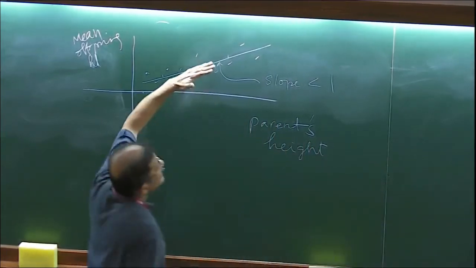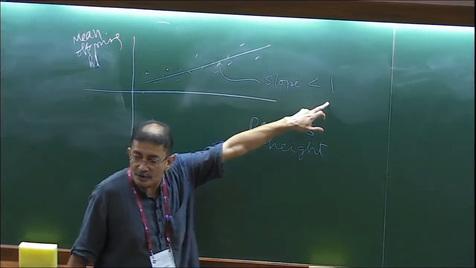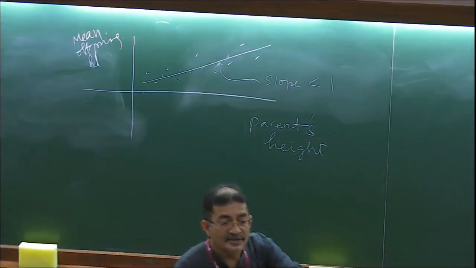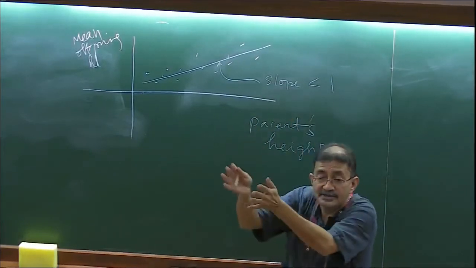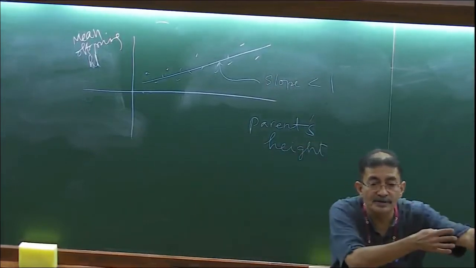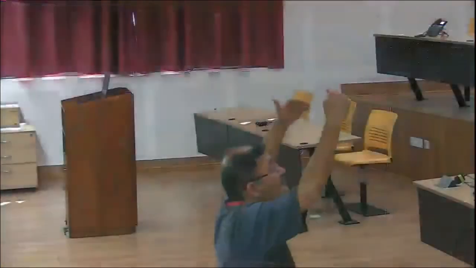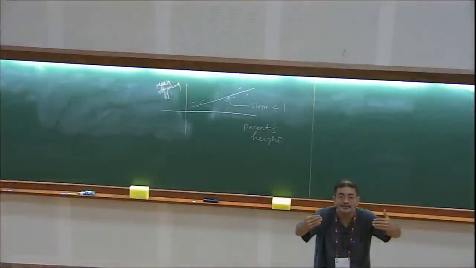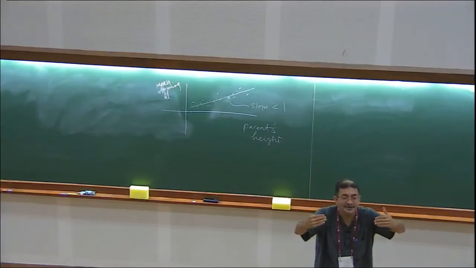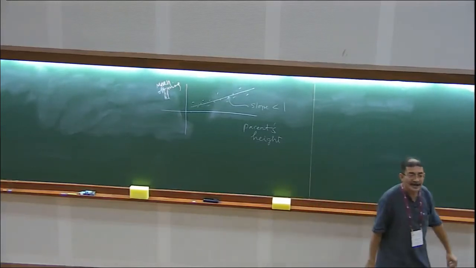So Galton interpreted the fact that the slope was always less than 1 as saying that if you are looking at parents of very extreme phenotype, high or low compared to the population mean, their offspring are also extreme, but not as extreme as their parents were. They return back towards the population mean by some distance. And that was the regression to the mean that he was talking about, and that is why this technique of line fitting is actually called going backwards. It's the offspring going back towards the population mean.